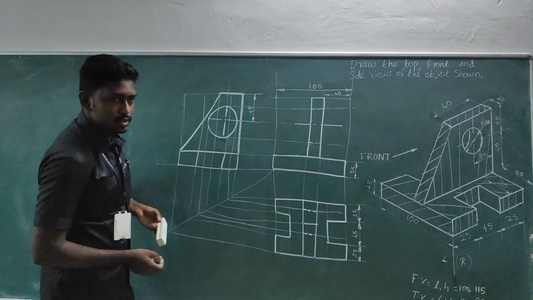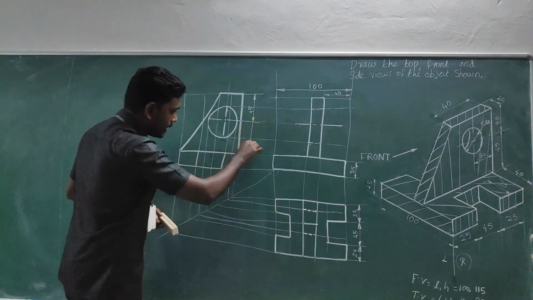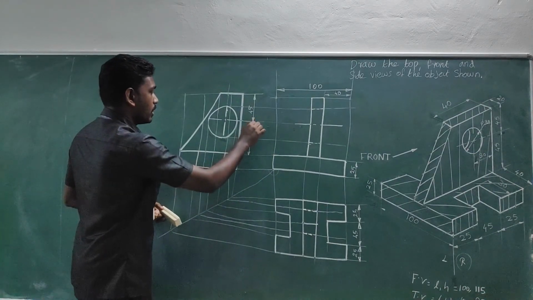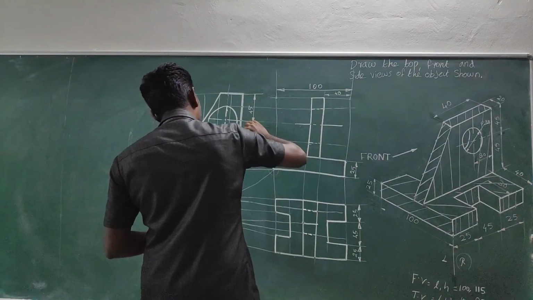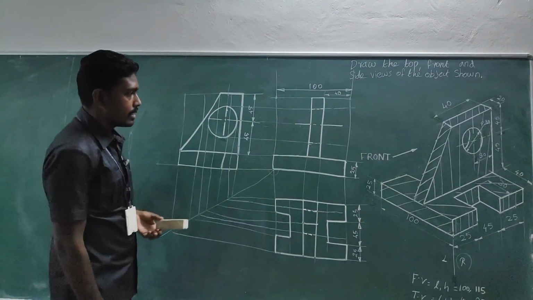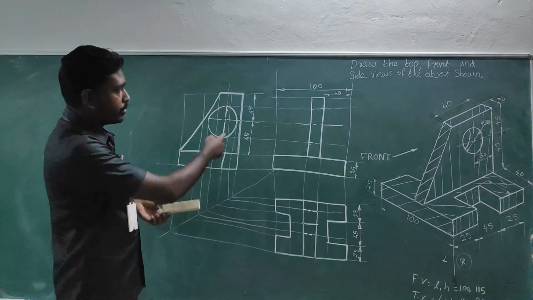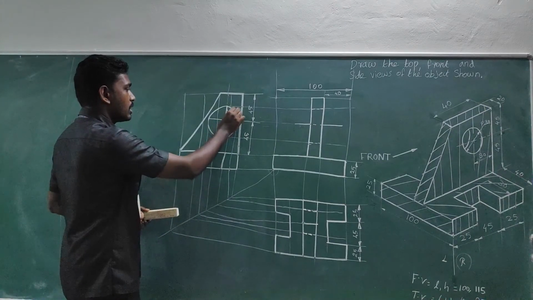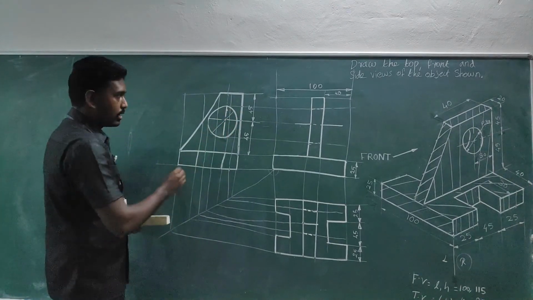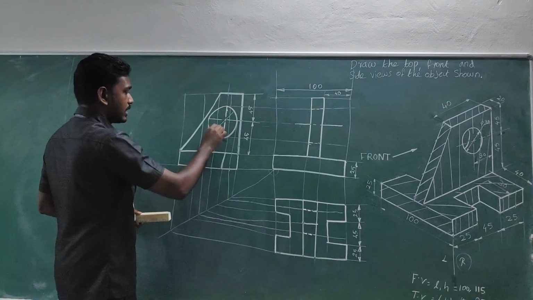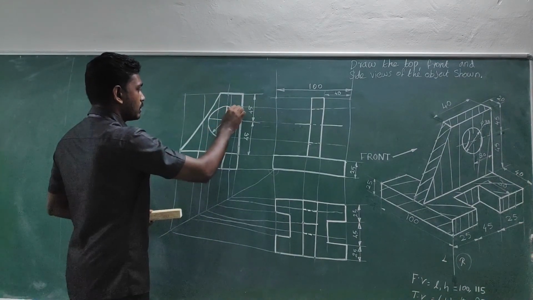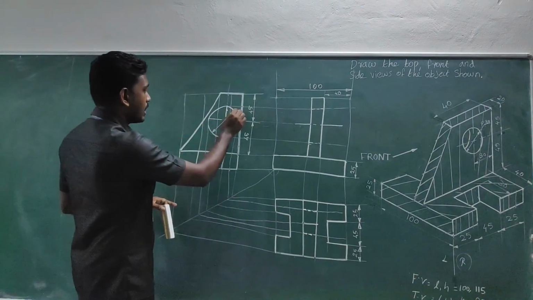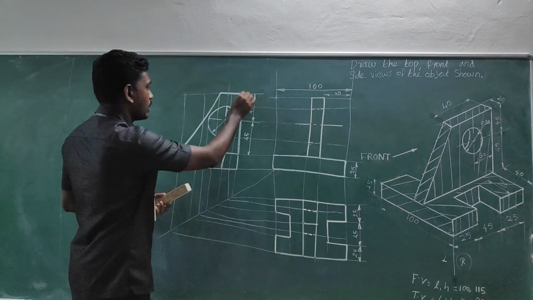What about the rest of the height, which is also 45? Again take a line. From this end you can have an extension line and do it like this and write 45. Okay, then what are the things remaining? Now to give the diameter of this circle, just have a line passing through the center, just like a diagonal, and capture arrows at both ends and take it to the corner.